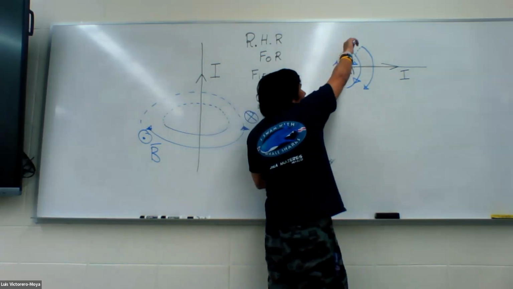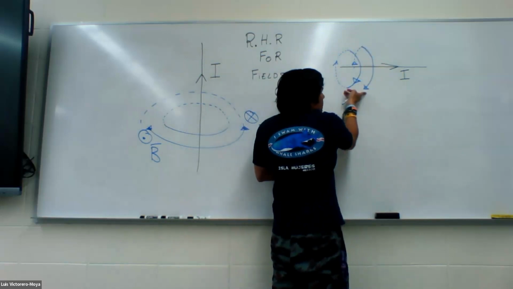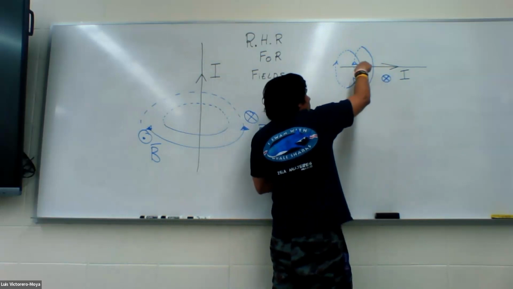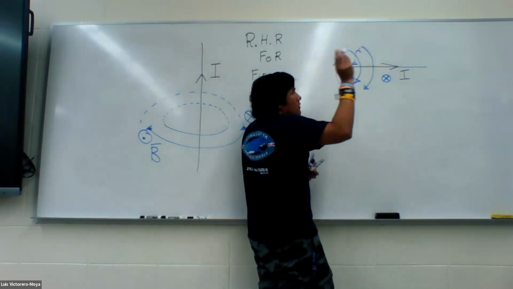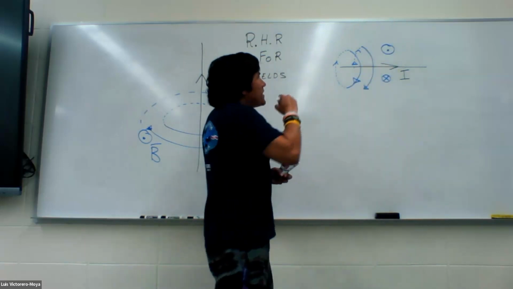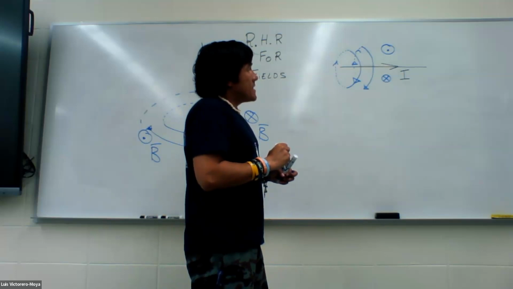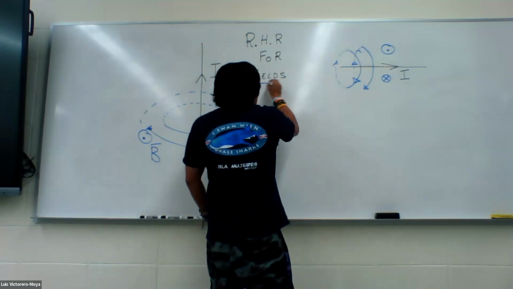So it goes into the page at the bottom. And then when it goes up here towards you, out of the page. That's my magnetic field direction. All right. So this is the right-hand rule for fields.